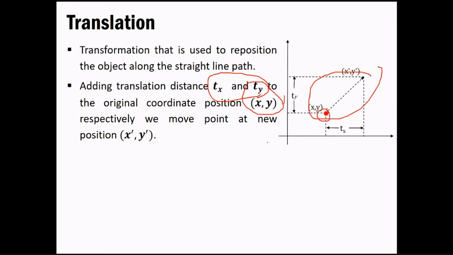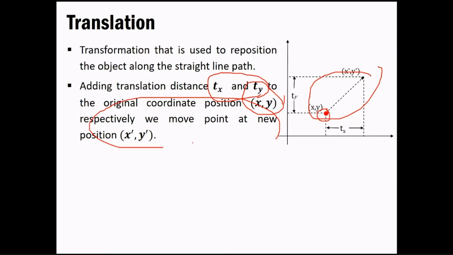So based on your requirement, if you have multiple coordinates, because obviously if we are talking about a line, or a triangle or a circle or something, you'd be having multiple coordinates. So you just need to go through each of them, and you have to add this tx and ty to the original coordinate position. Okay, so respectively we move to a new point at a new position, that is x' and y'.